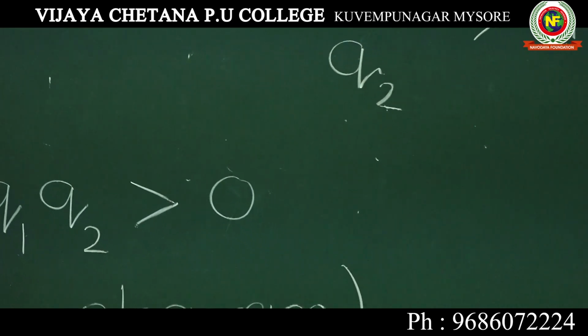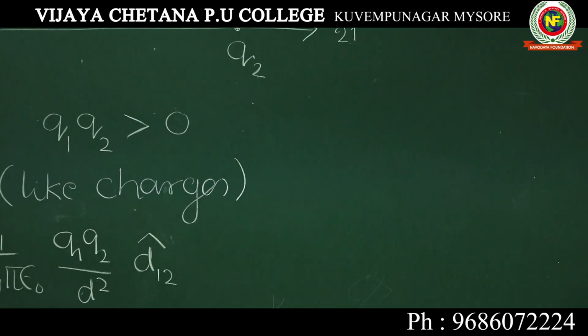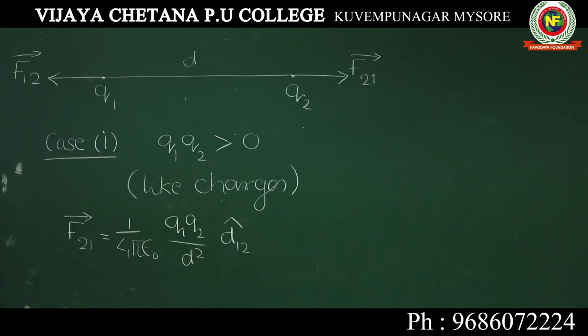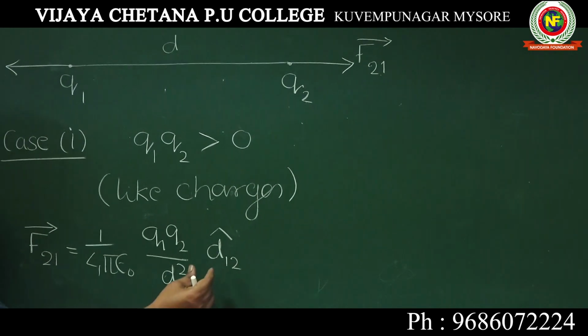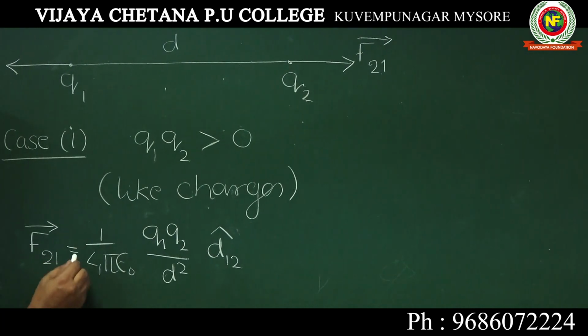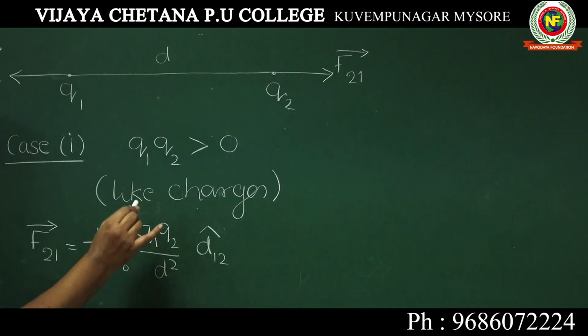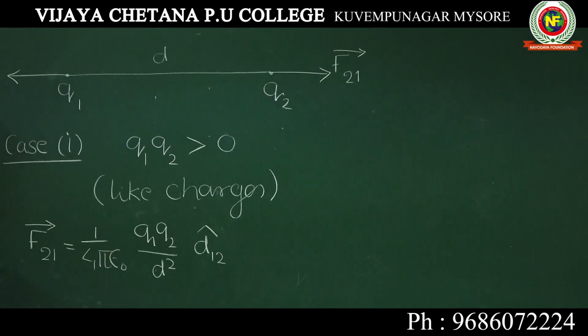Now again D12 cap. I consider a unit vector D12 cap. When you multiply the magnitude by a unit vector, you get its vector form. Therefore, 1 by 4 pi epsilon naught Q1 Q2 by d square is the magnitude and D12 cap shows you the direction.